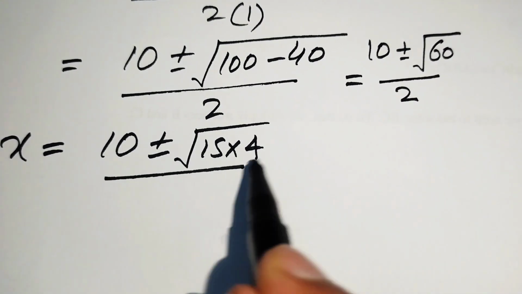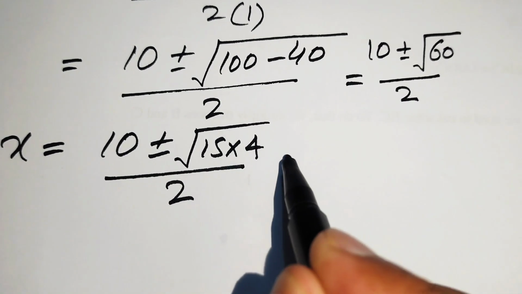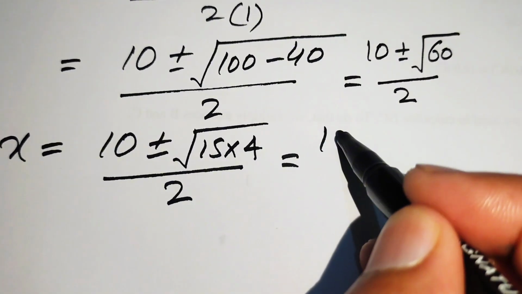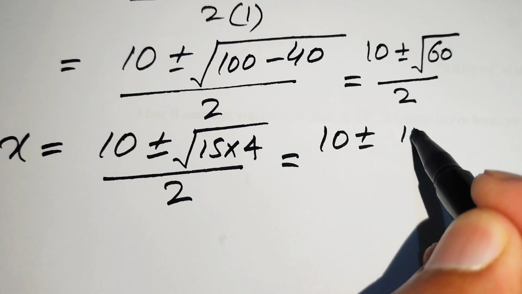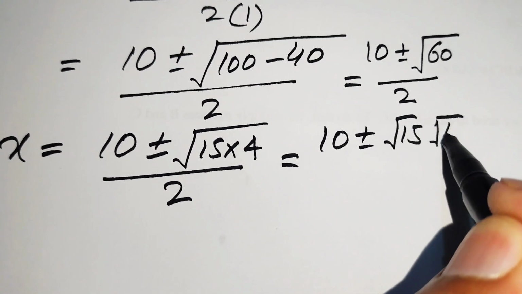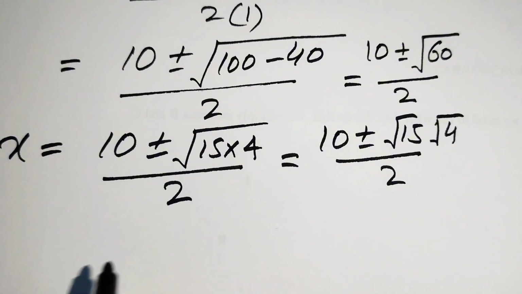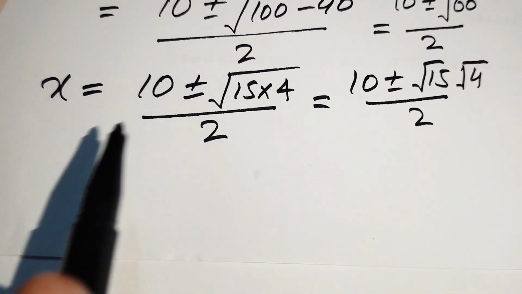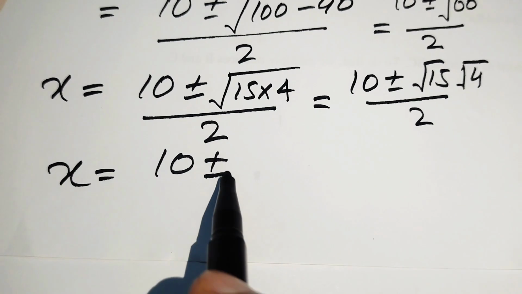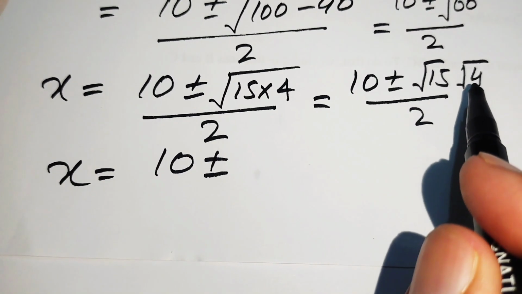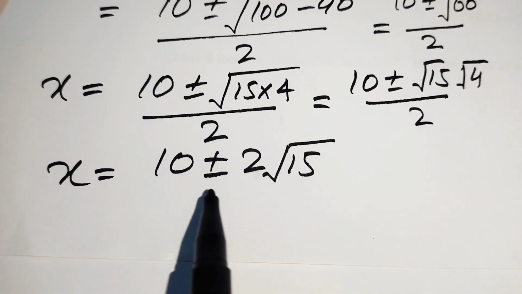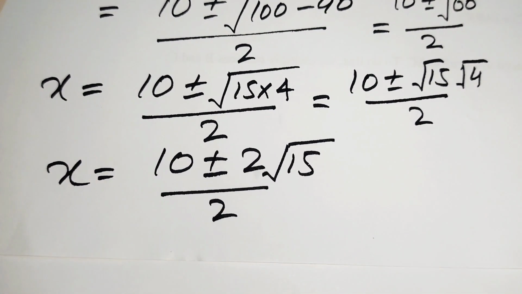We know that 15 times 4 becomes 60, and here we just separate the square root on both of these terms, and it will be written as 10 plus minus square root of 15 into square root of 4 divided by 2. We know that the square root of 4 becomes 2, so 10 plus minus 2 square root of 15 divided by 2.